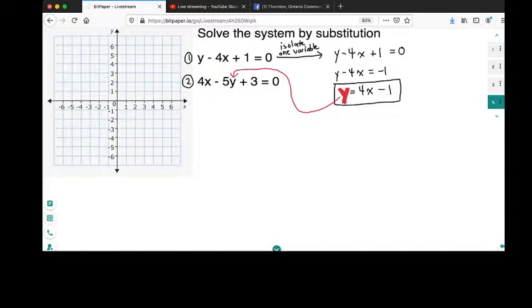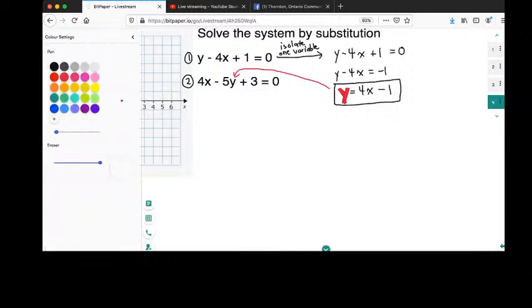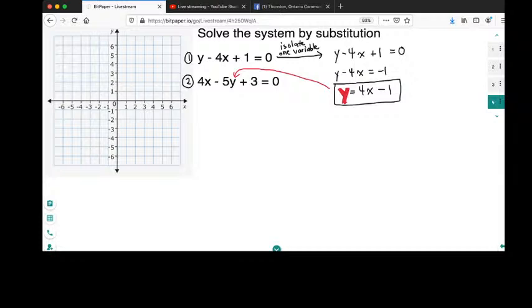Let me make that arrow a little bit better. I'm going to plug it in to my second equation. Because again, all we're really asking for is at what point of x and y do these two things equal each other?